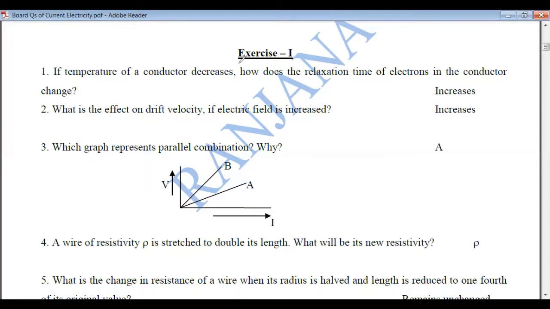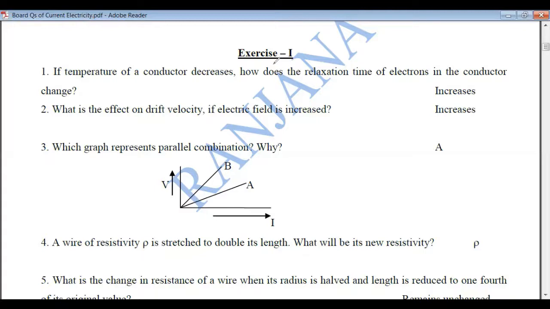Now here we'll discuss a few questions which have come in CBSE board. There will be 3 exercises. In the first exercise, we'll discuss the questions based on resistance, resistivity, also about the cells, EMF, internal resistance and the terminal potential difference.